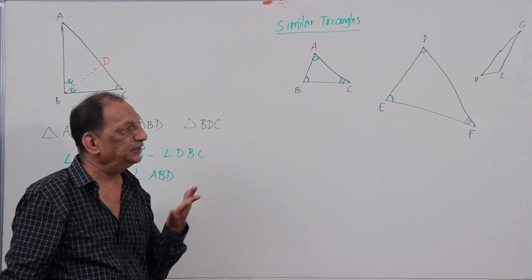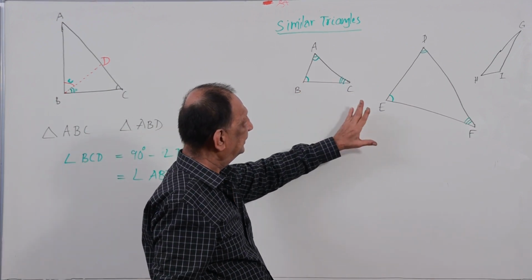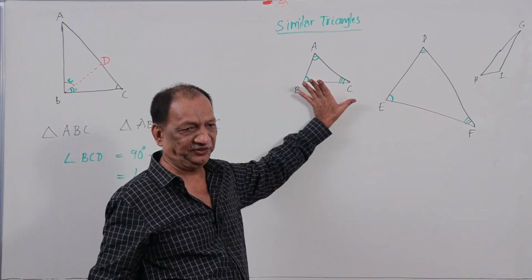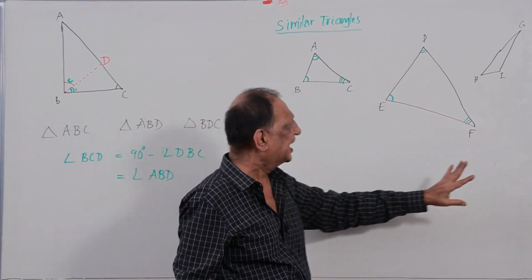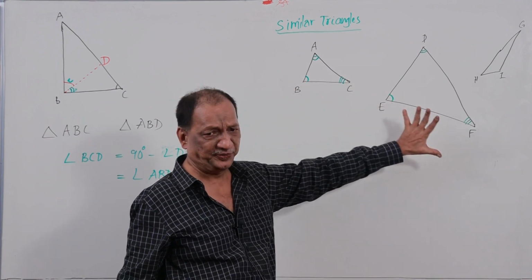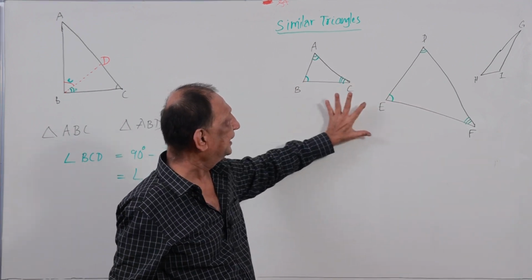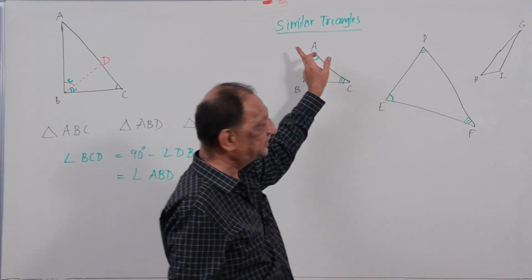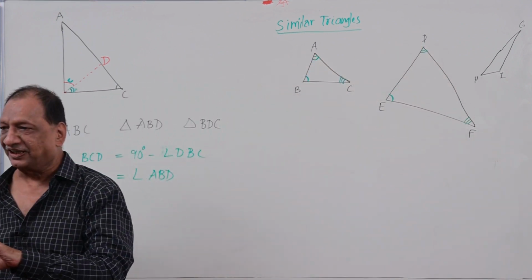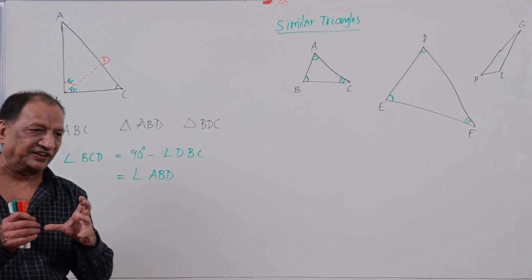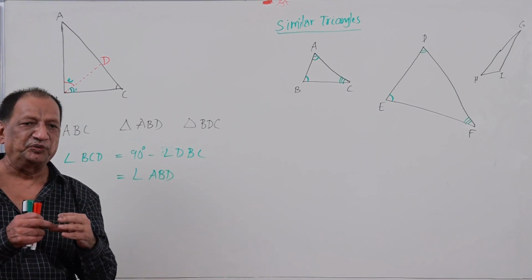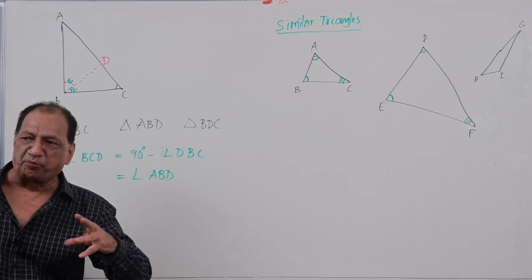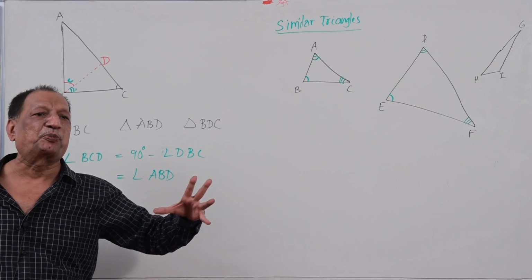And intuitively, you can see that EF is longer than BC. Assume that EF is twice the length of BC. You would find that DE would be twice the length of AB and DF would be twice the length of AC. You can see that the side lengths for similar triangles, when you increase in size, grow proportionally.